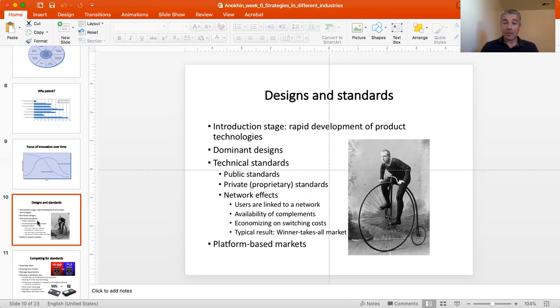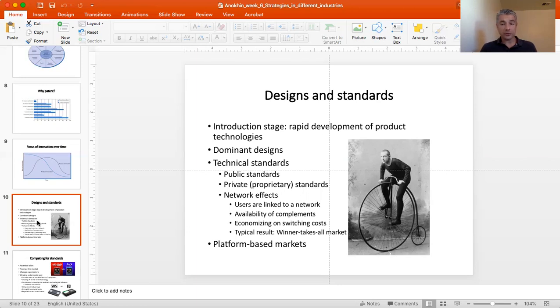So if you happen to control a technical standard, that is obviously a very powerful thing, because you can expect to appropriate pretty much the value of each transaction that happens in your industry, as long as other companies are forced or have to use your design. They stand to gain tremendously.